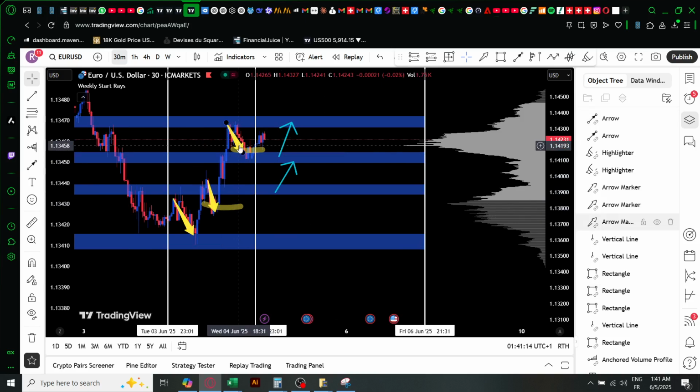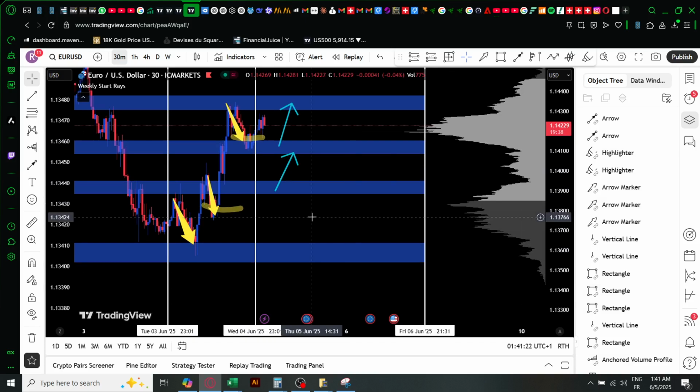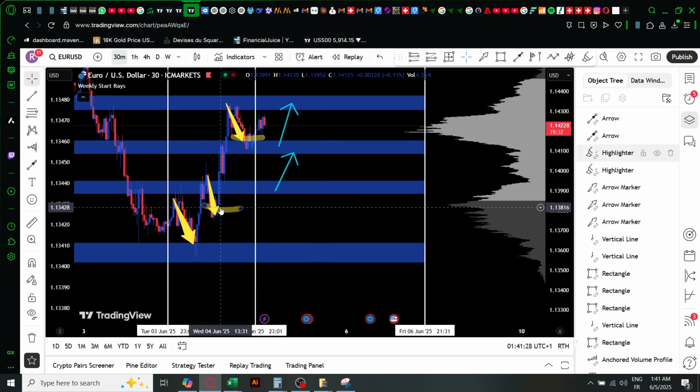We made our bearish moves over here, so there are two potential entries. Now I'm going to choose where the strongest bullish rejection happened. You can see that there is even a fair value gap over here, which means there is a strong move.